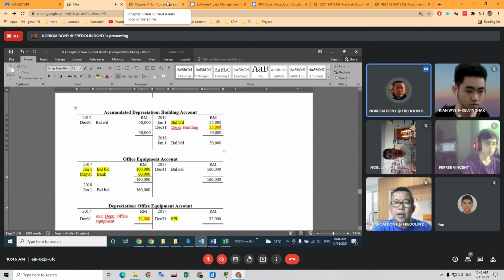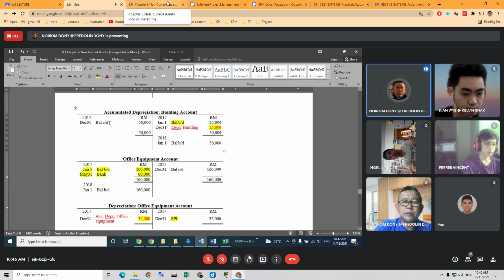So we select 50,000, the total credit as a total for both sides. So 50,000, 50,000. And in order to make the total debit 50,000, we must put the 50,000 on this side, and then the particular you write down balance CD.